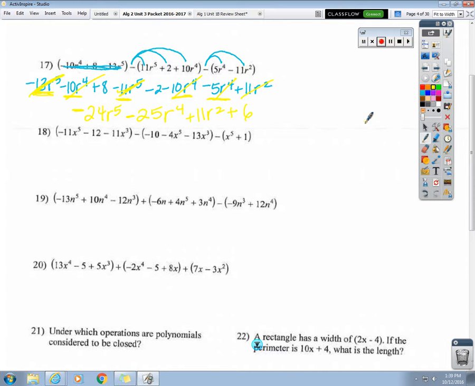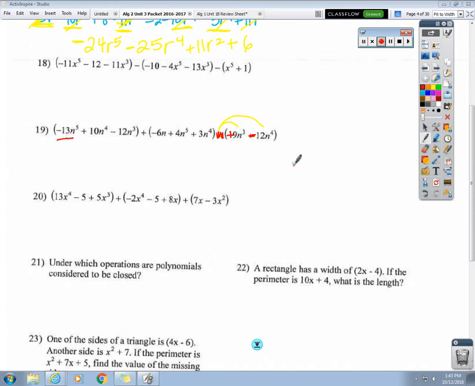Okay, you go ahead and try number 19. 13 n to the fifth. Okay, are those the only n to the fifth terms? What do they combine to be? Right, negative 9 n to the fifth. Okay, then moving on. 10 n to the fourth can combine with, but remember it's negative.